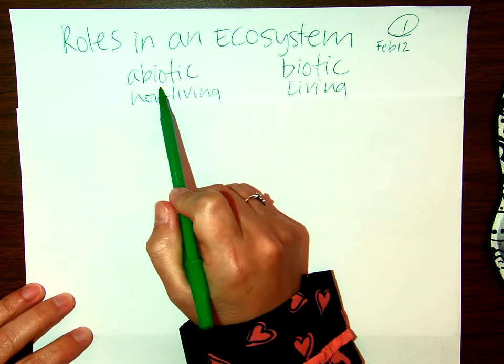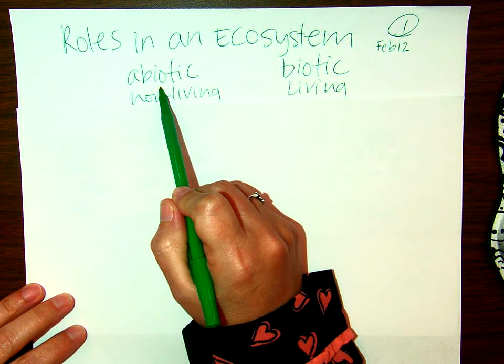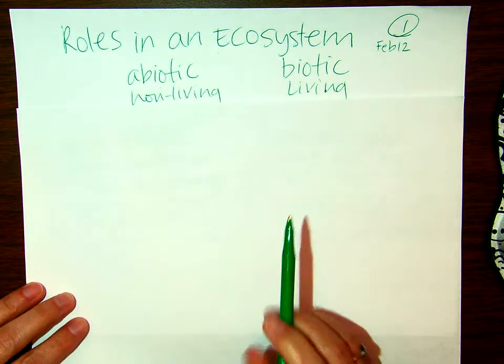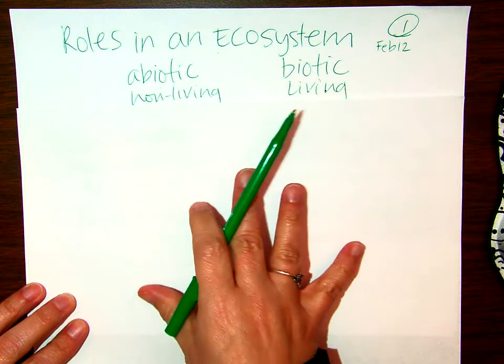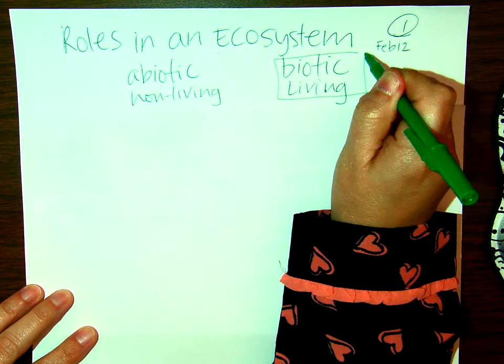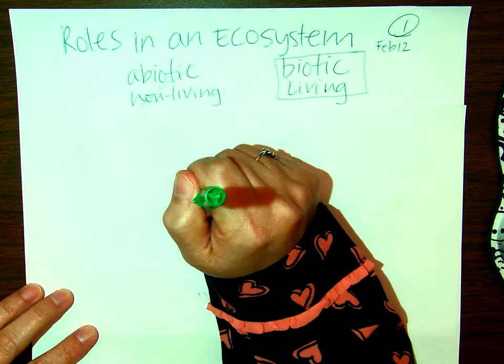The abiotic factors in the ecosystem are things like the sunshine, the air, the water, the clouds. And so, for energy flow, for these notes, we're going to focus on the biotic factors. We're not going to talk about these guys right now.